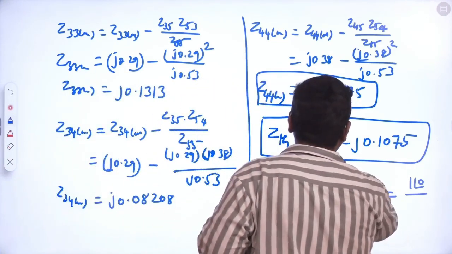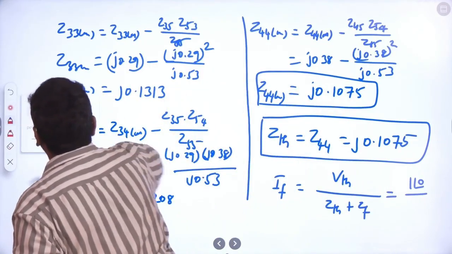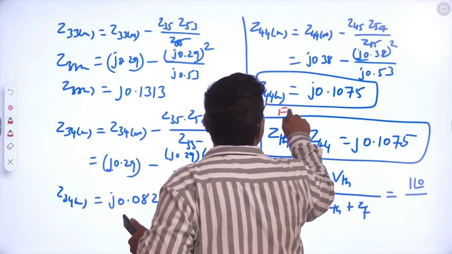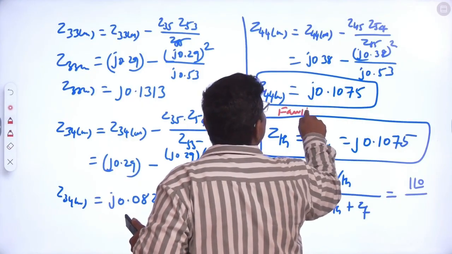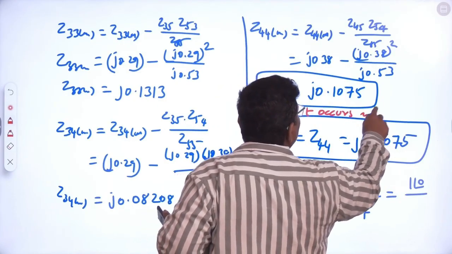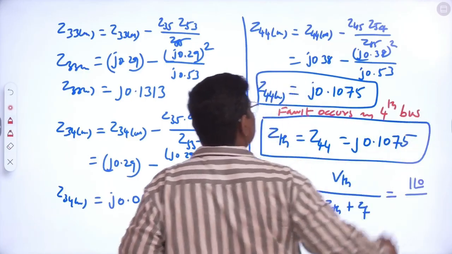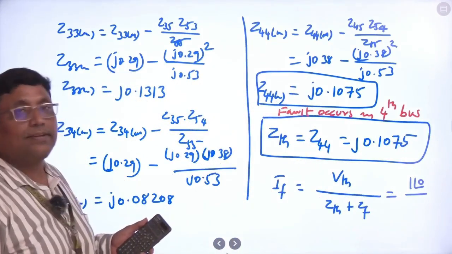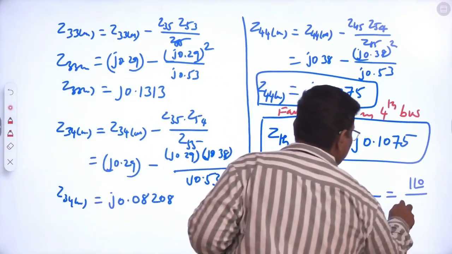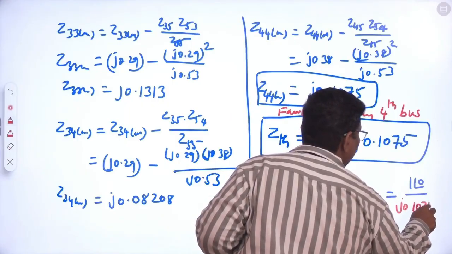And Z Thevenin is Z44. Why? Because fault occurs in the fourth bus. Okay, so we can consider Z Thevenin equal to Z44, j0.1075.